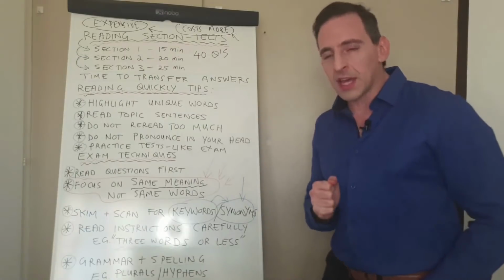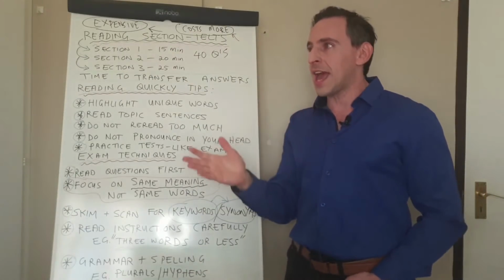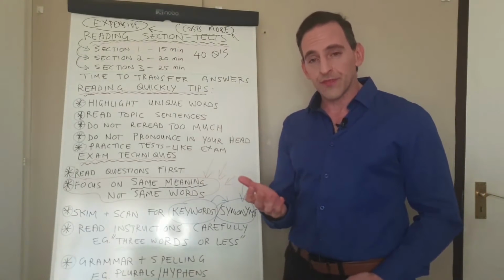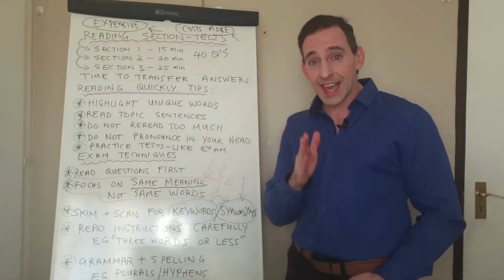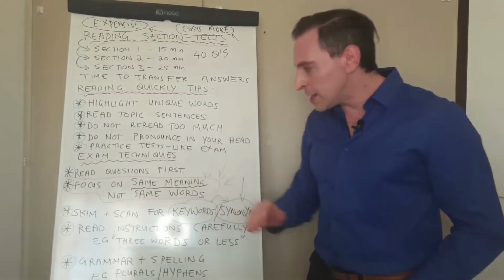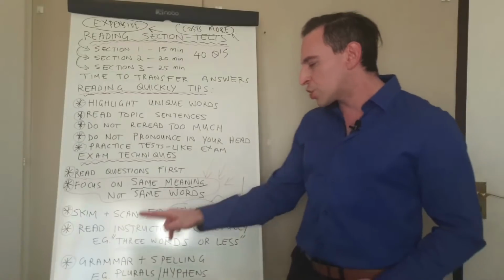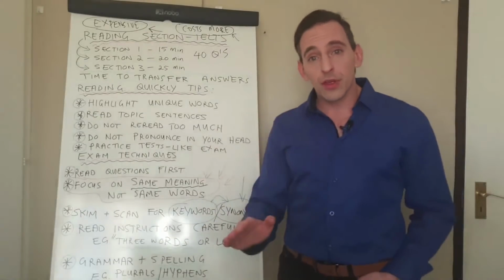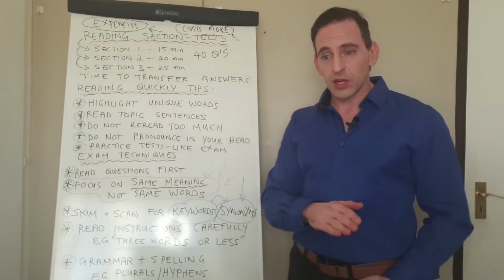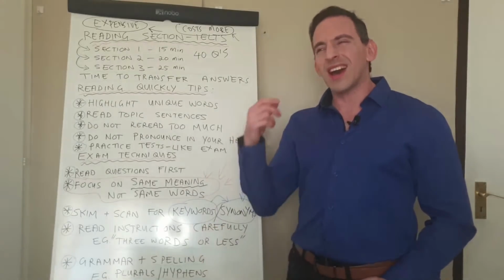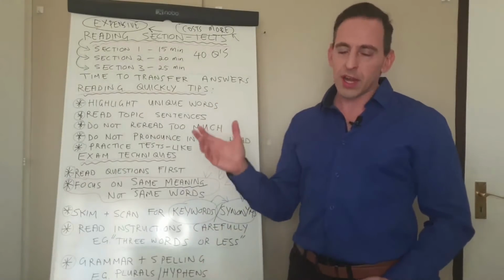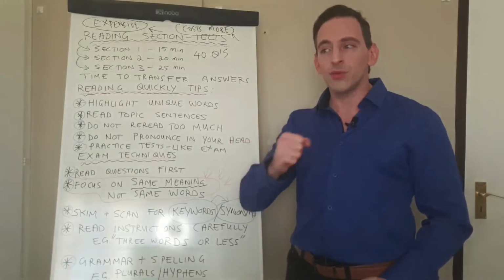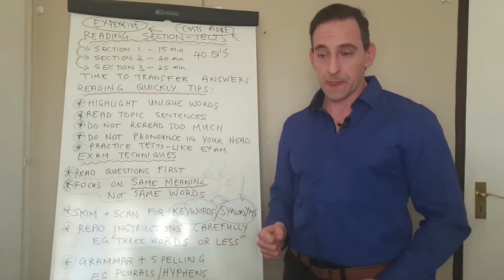And people often ask, do the thes and the ands and the ofs count? All the words count. So read the instructions carefully. If it's 3 words or less, give 3 words or less. Don't give more thinking, I'm close. They're not going to count this. It's going to cost you marks for no reason.